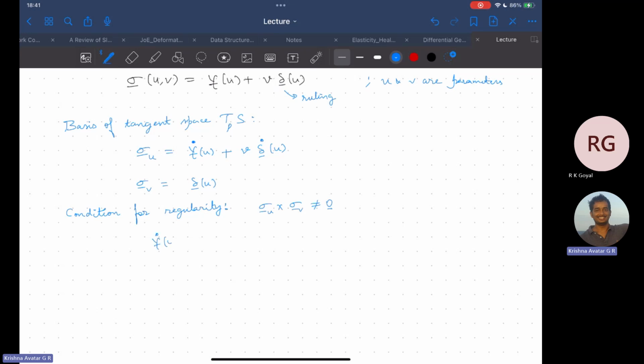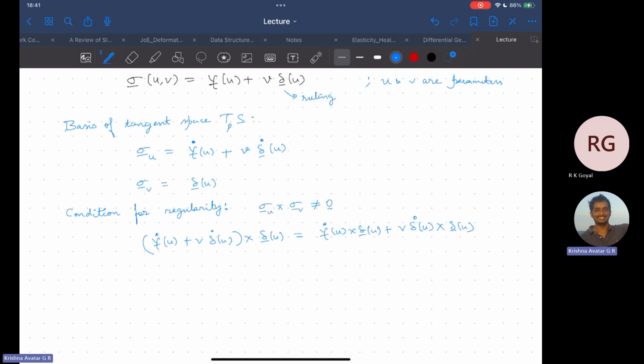Gamma vector U plus V del vector U cross del vector U is equal to gamma vector U cross del vector U plus V del vector U cross del vector U. So this is one such scenario.